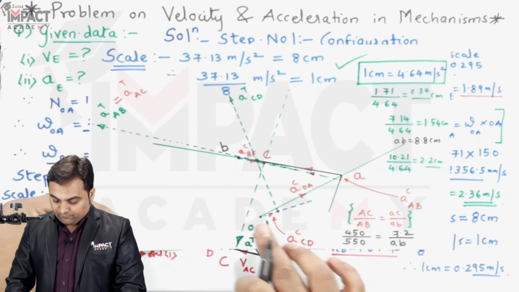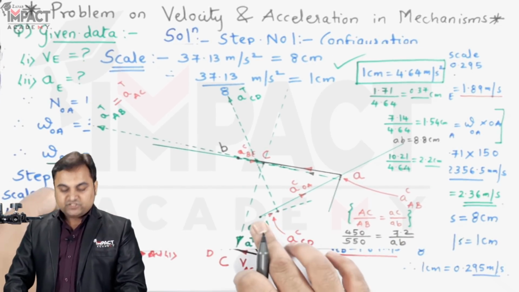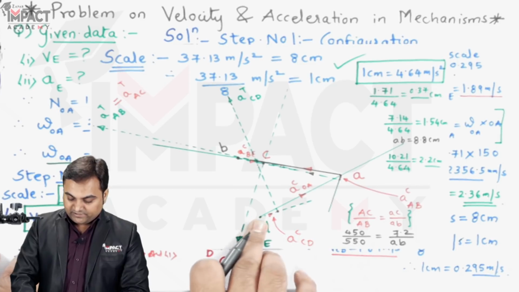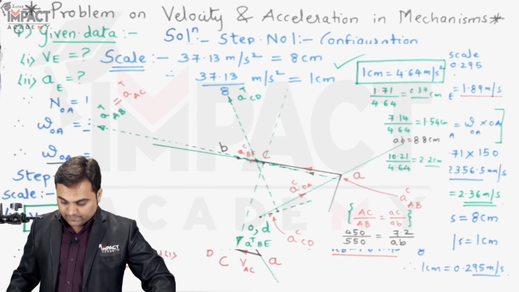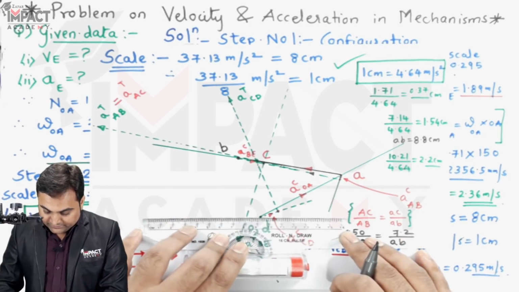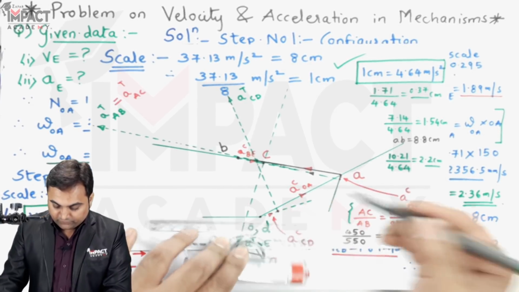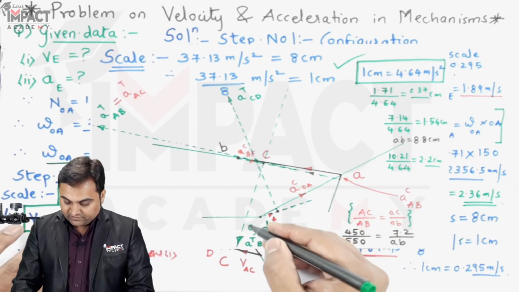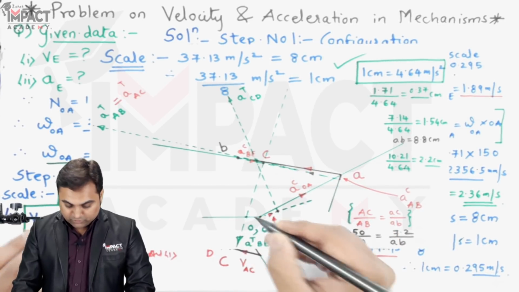So already we have point O and D here. Just projecting a light horizontal line through points O and D so that it cuts the tangential acceleration for BE at this location.